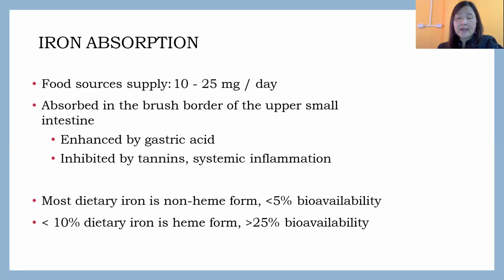But if there is any kind of inflammation in that area, that also inhibits the absorption of iron. Most dietary iron is non-heme iron, with less than 5% bioavailability, and less than 10% of dietary iron is in heme form, with more than 25% bioavailability. So it depends upon what kind of diet a person takes, whether the person is vegetarian or non-vegetarian.